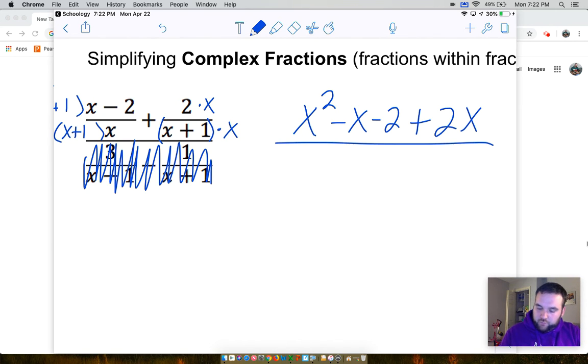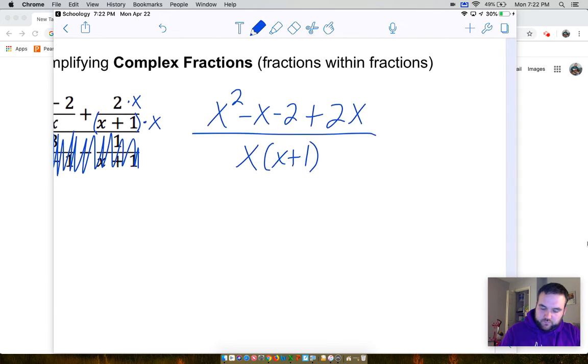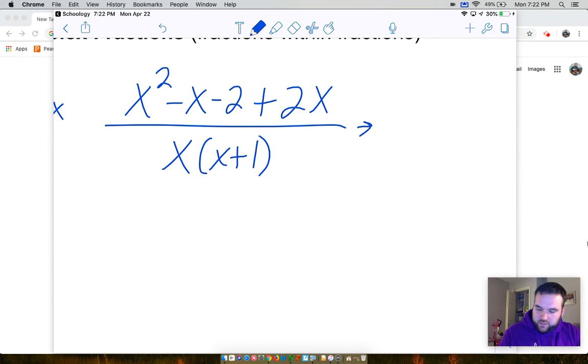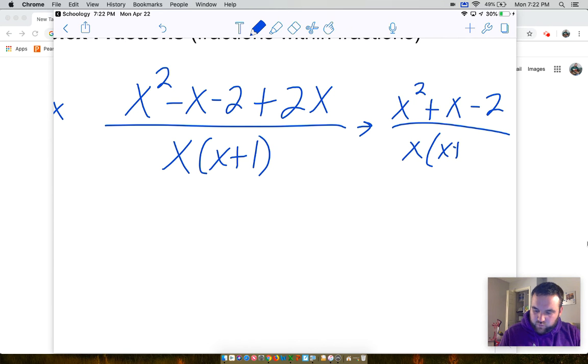And that's all over my denominator of x times x plus 1. Okay, I'm going to go ahead and combine like terms there. This becomes x squared plus x when I combine -1 with +2, minus 2 over x times x plus 1.